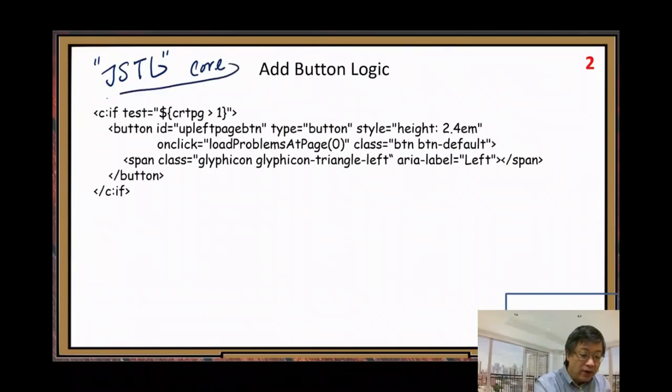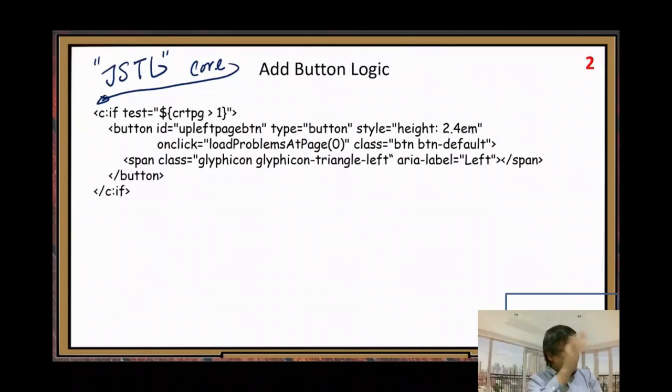Remember, when we include it, we use the prefix C. C is the prefix. Then we can use the JSTL special tags to do some special tag-based processing. Here, we just use a simple tag, the C:if tag.